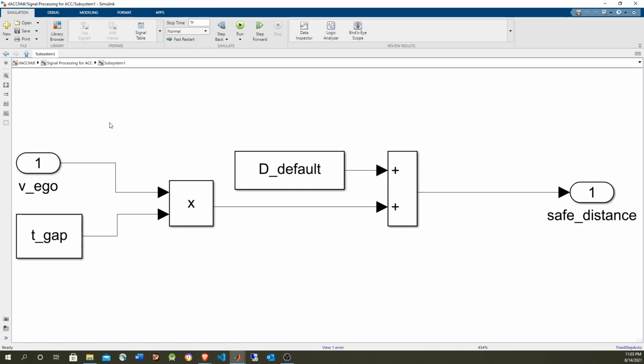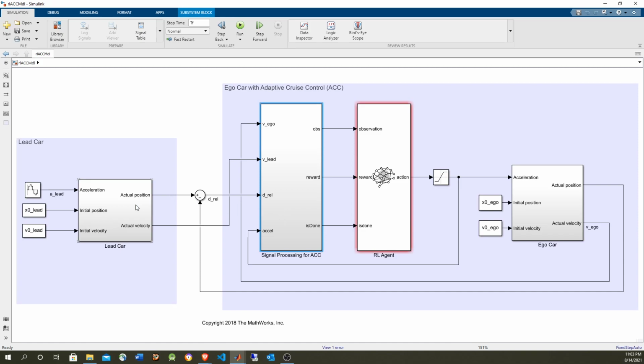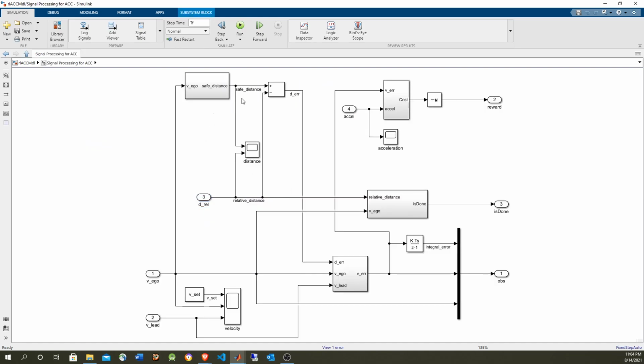As mentioned before, the velocity of the car is multiplied by the time gap, and that is added to the default distance, and that determines your safe distance. And the safe distance is subtracted from the relative distance between the lead car and the ego car that is computed here.